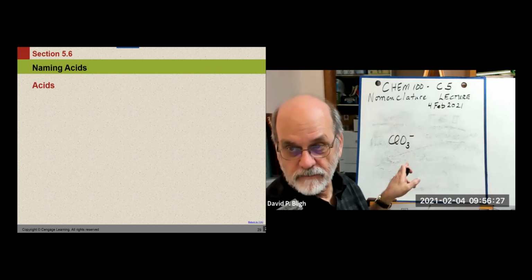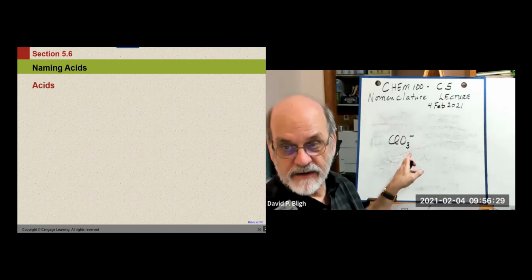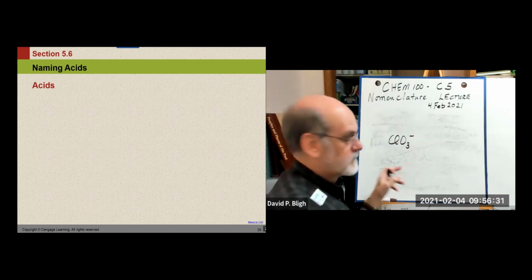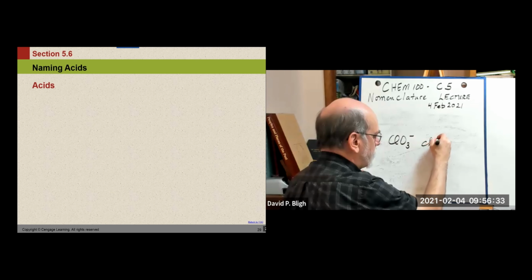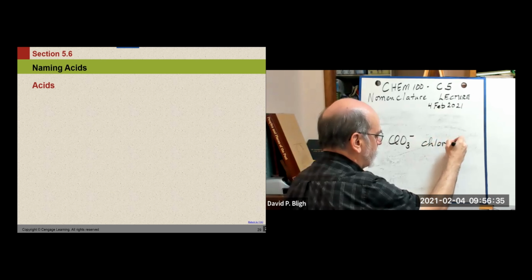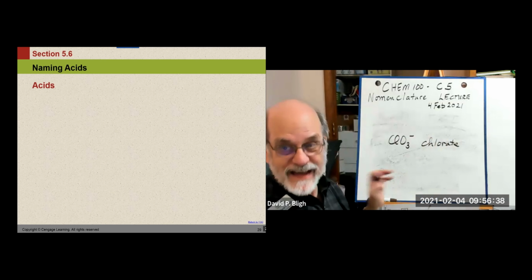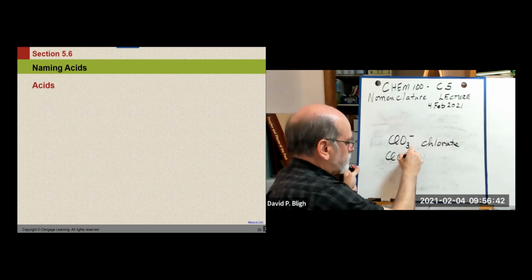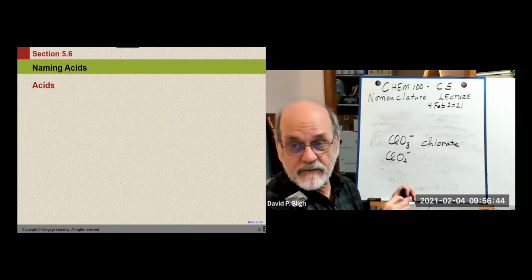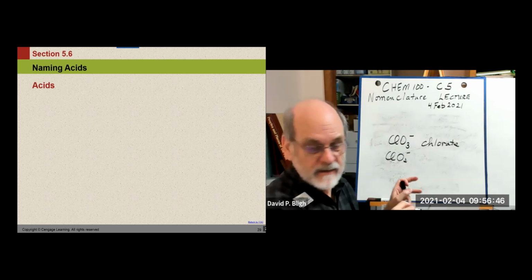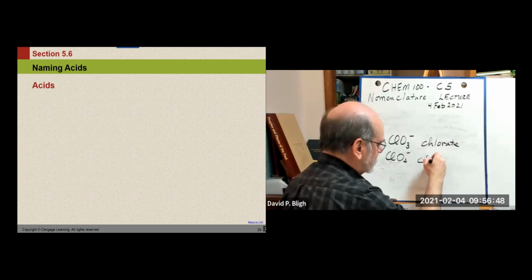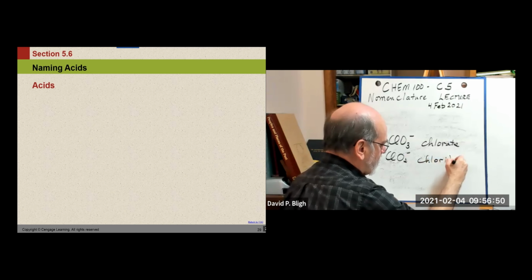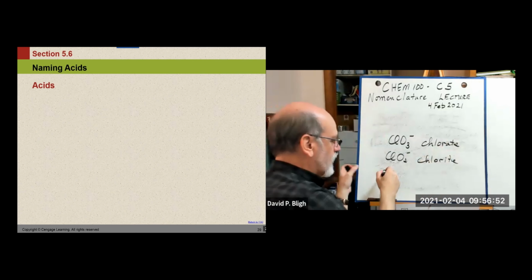I start here. ClO3 minus is chlorate. Take away an oxygen. Change the ending from ate to ite. Okay, take away another one.